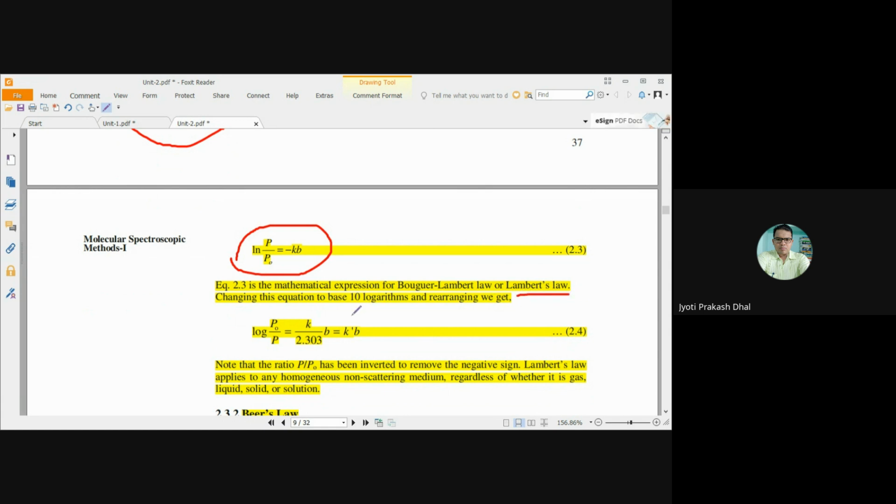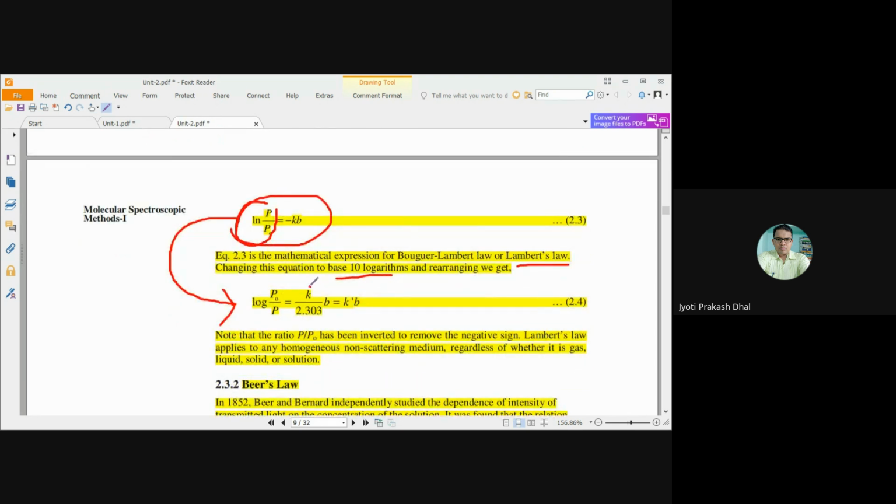Changing this equation to base 10, since this is an equation of natural logarithm, if we convert it to base 10 we can write log P naught by P equals k by 2.303 b. Here the negative sign is removed, because on the left hand side it was ln P by P naught, but here it is written ln P naught by P. Here k is one constant and 2.303 is a constant, so that will give rise to another constant k dash.